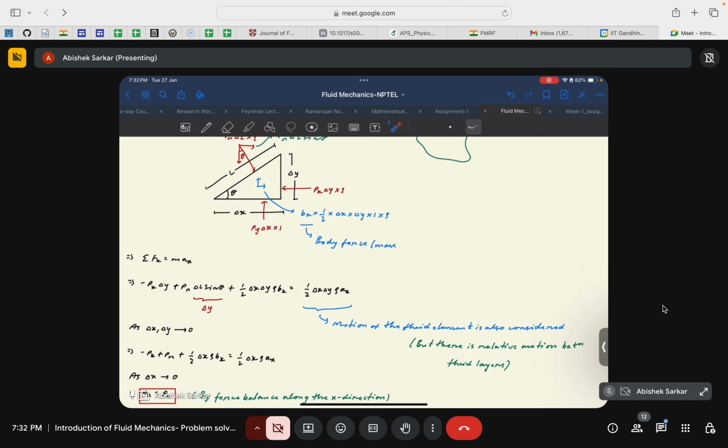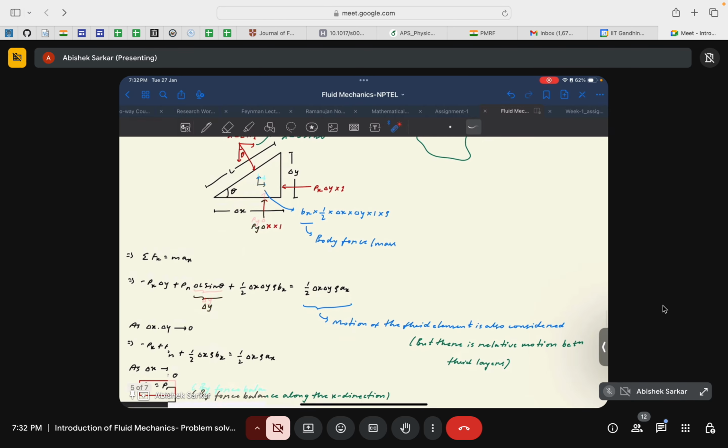It's 1 in this case. So the area of this triangle will be half times base times height, half delta x delta y, times rho, that is the density, times the body force per unit mass along the x direction. Similarly, this is the mass times the acceleration ax.